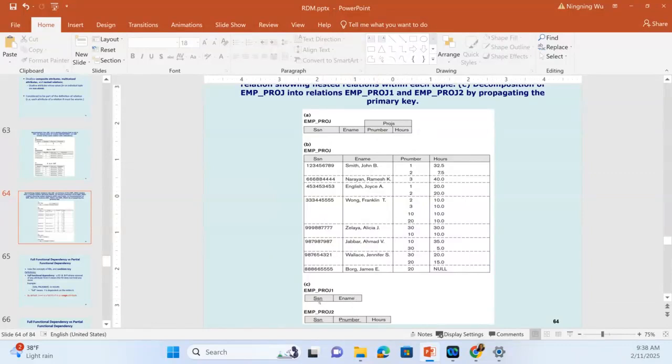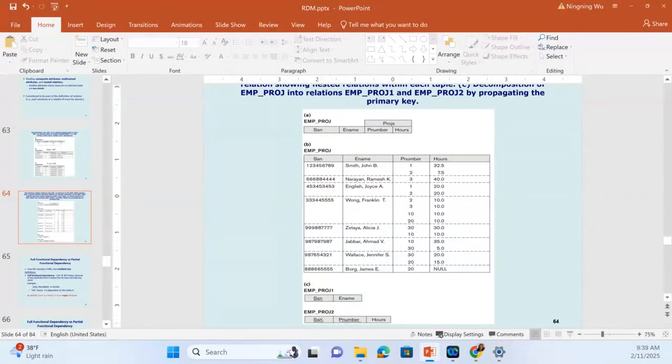We create one table that only contains SSN and ename. Then we create a second table containing SSN, P number, and hours. For the second table, SSN and P number together are the primary key.